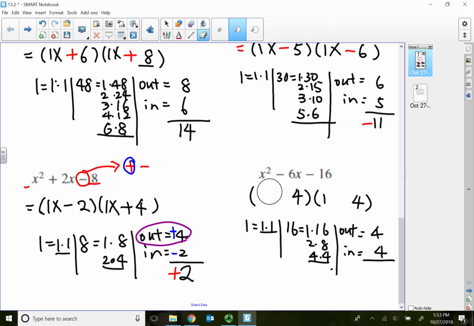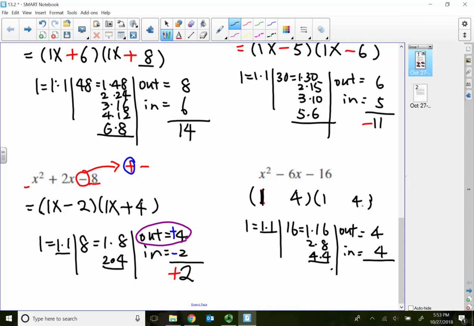So what do I do? Well, if my inner and outer cannot give me my middle term, the first thing I do is swap the two backside numbers. In this case, it made no difference since the two backside numbers of the parentheses are exactly the same.